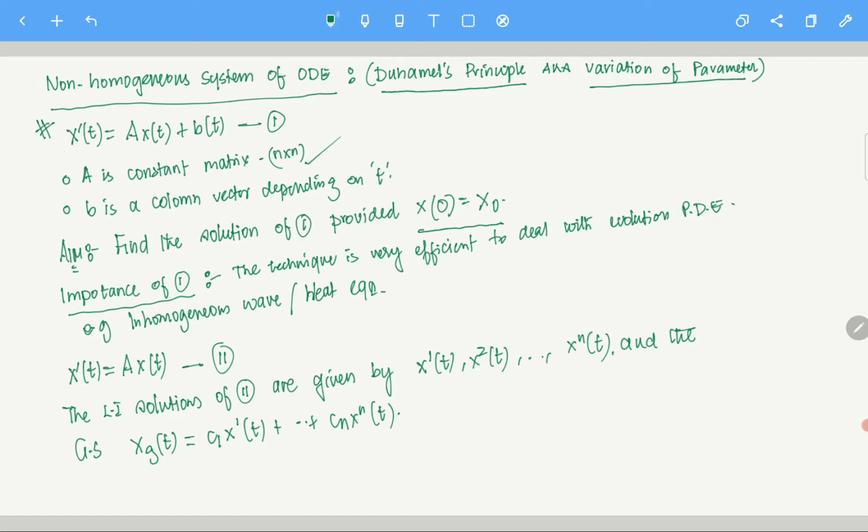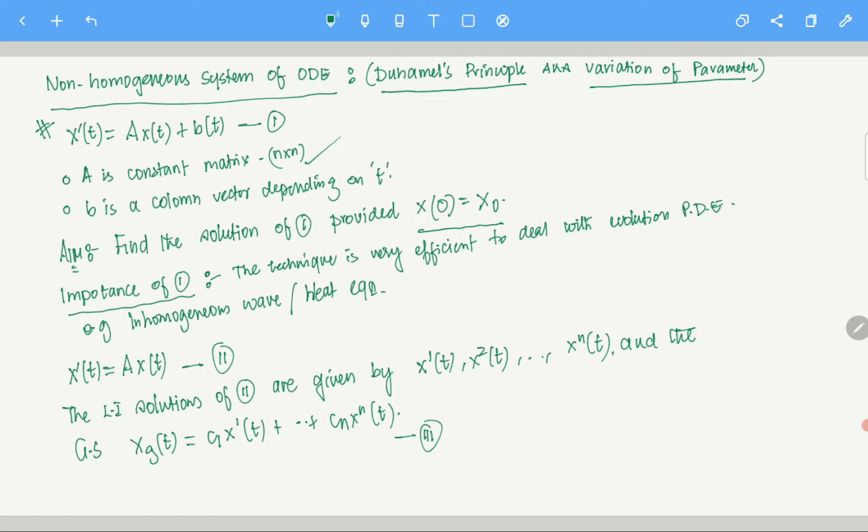Clear? The general solution can be written like this. Let's just call this 3. So the general solution of a homogeneous problem is given like this.